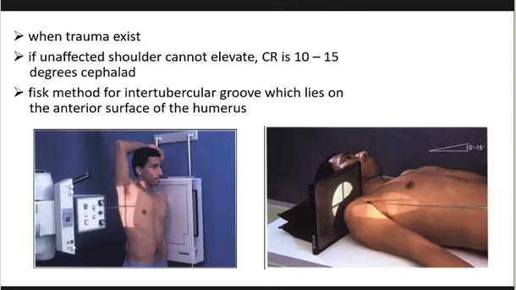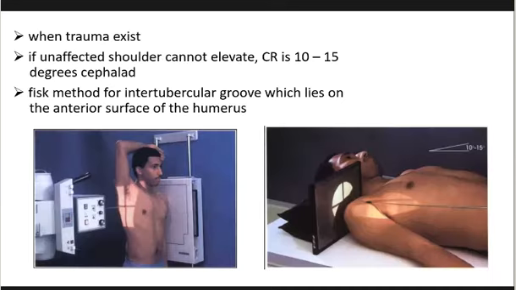In the Fisk method, we have two projections or two positions. This one on your monitor is where the patient is in supine position and the cassette must be placed on top of the shoulder. The other Fisk method is where the patient is in erect position, holding the cassette.